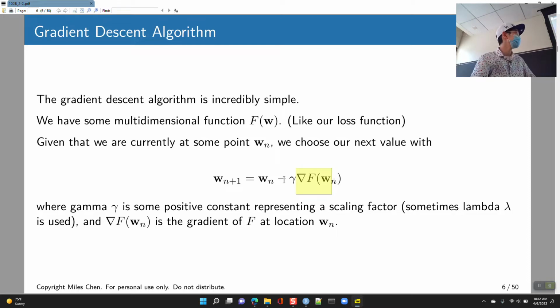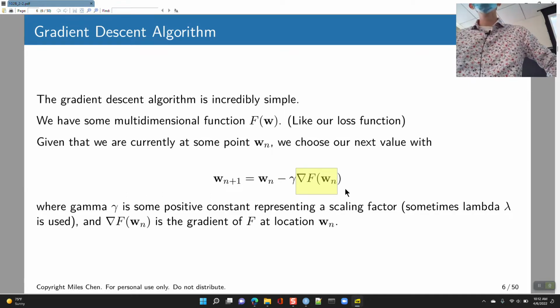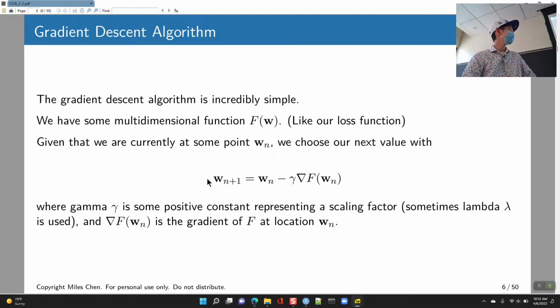There's a scaling parameter here, gamma. Sometimes we use the character lambda. This is some positive constant, a scaling factor. At the next iteration, w at time n plus 1 is our current w minus some scale of the gradient.